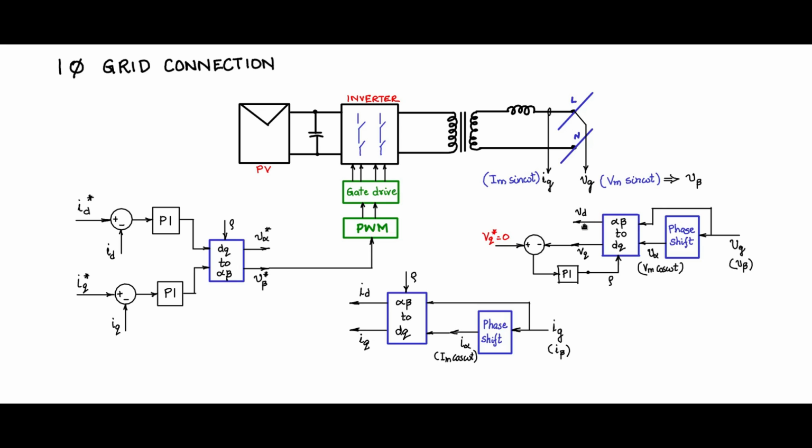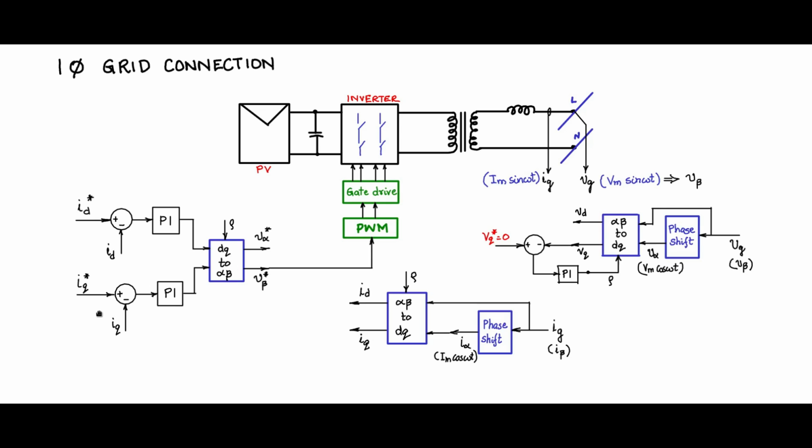So once it is aligned along VG, then I can set commands to the current set points or the current references. I would not like to have any quadrature component of the current. I would like to inject only active current, which means in phase current. So therefore IQ has to be set to 0. There should not be any quadrature component.